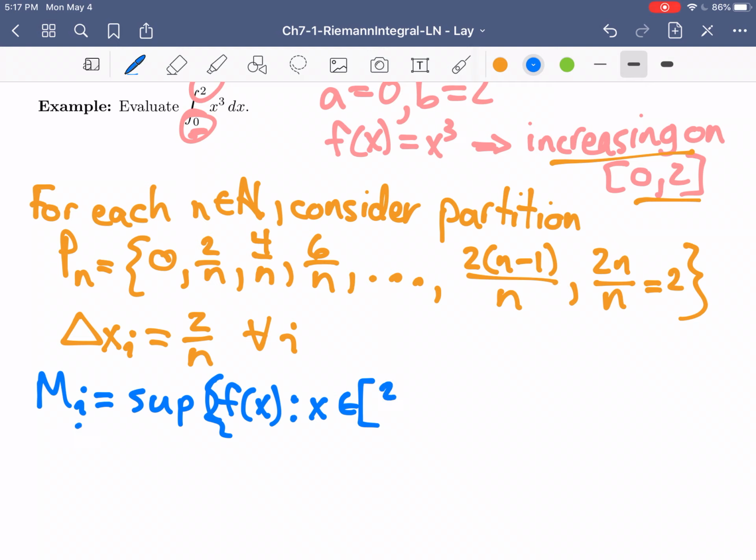So if we're talking about the ith subinterval, we're looking at 2 times I minus 1 over n, comma 2I over n.